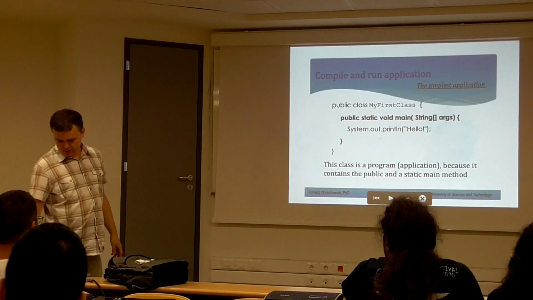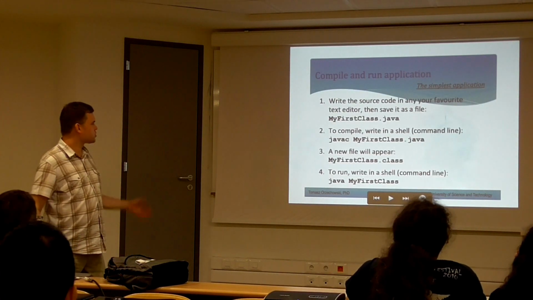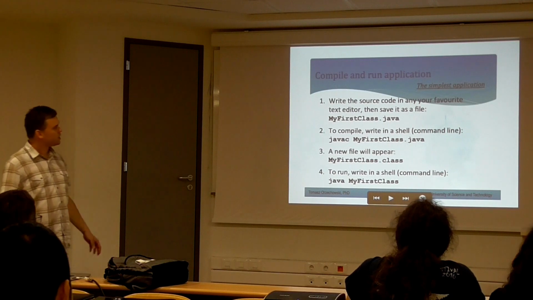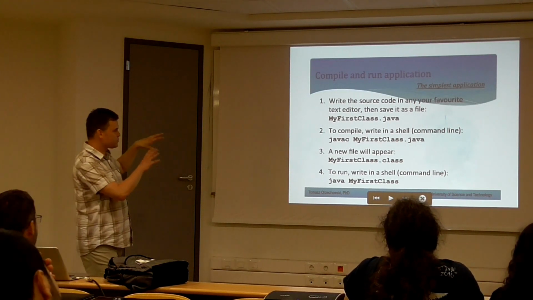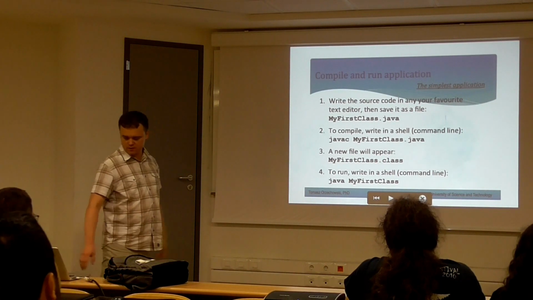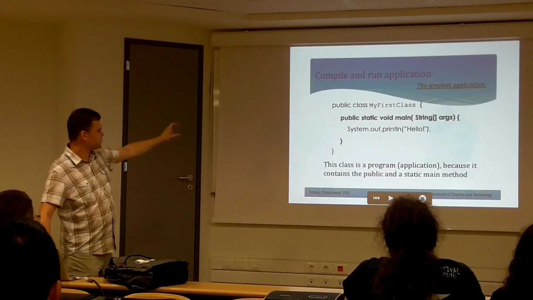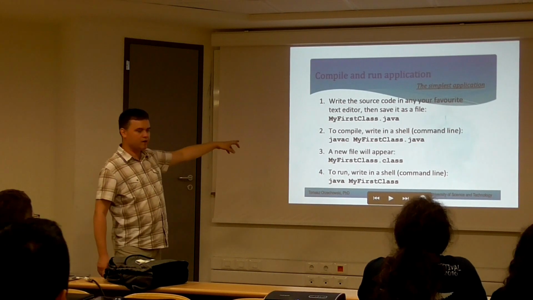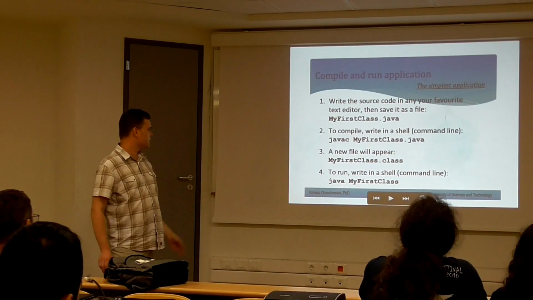Okay. What else? How to create your first application? Everything must be stored in the MyFirstClass.java file. This is the code. Then you can compile it using the compiler, javac.